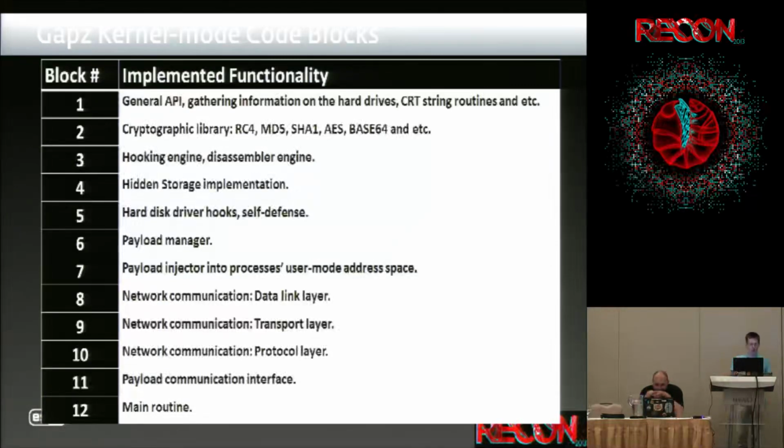And the final block contains the main routine which runs the bootkit. In fact, it is a loop which connects to the CNC server, requests the payload, reports to the CNC server on the status of the bot, stores the payload in the configuration data, and injects the payload into the processes.